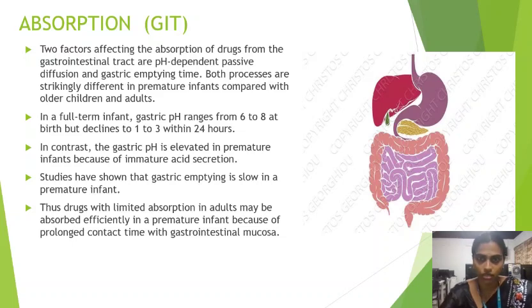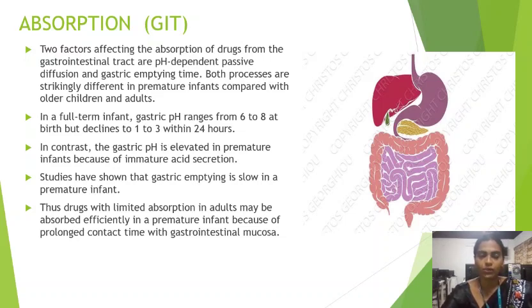The drugs with limited absorption may be absorbed efficiently in premature infants. They may work much better in premature infants than in adults because of the prolonged contact time between the gastrointestinal mucosa and the drugs in the pediatric population.